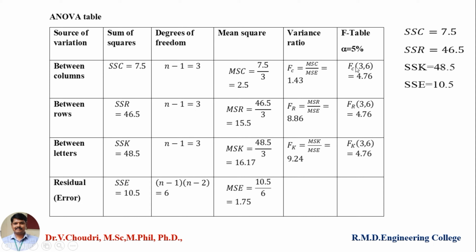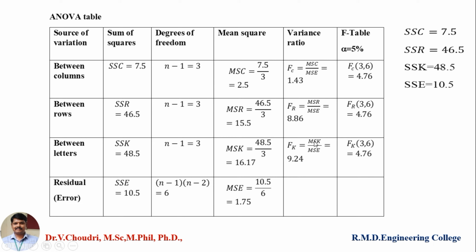Here the alpha value is not given, so we are taking 5%. How do we obtain this 3 and 6? By numerator and denominator. Here the numerator MSC degrees of freedom is 3, and the denominator MSE degrees of freedom is 6. Like that, MSR degrees of freedom 3, MSE degrees of freedom 6.